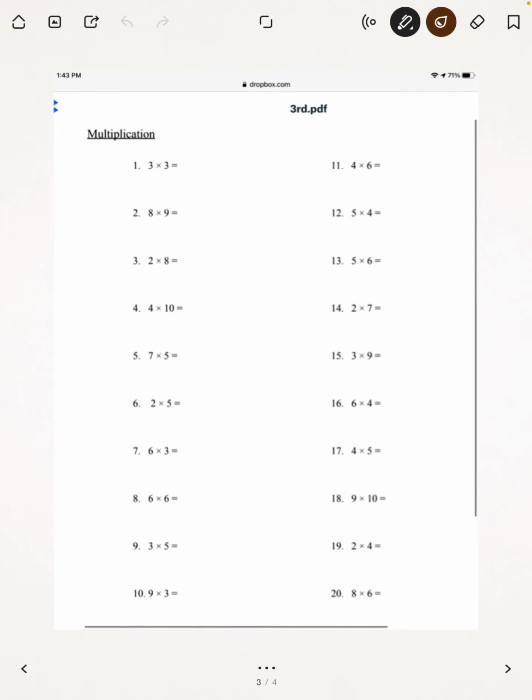The next page is multiplication, and I'm going to start off with number 1. 3 times 3. I'm going to be drawing 3 sets of 3.